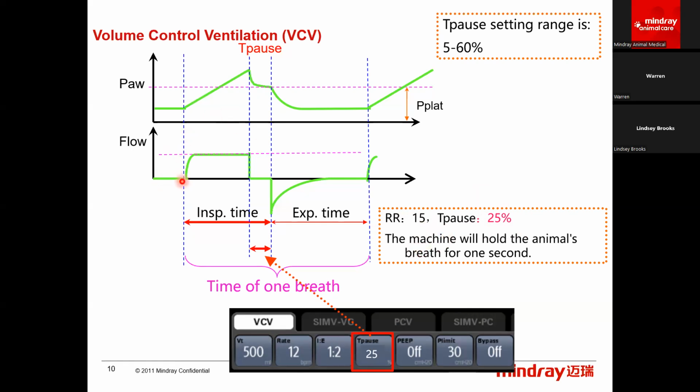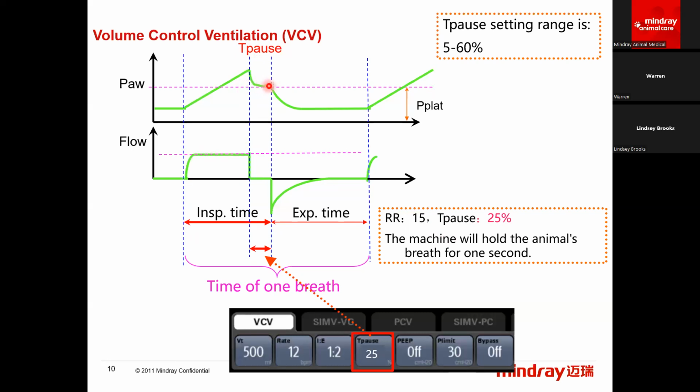So your patient is receiving this constant rate of airflow, and then it's paused for a moment. Our airway pressure is coming up, and then we pause for a second. We have our peak airway pressure, but when we turn off the flow to 0, it goes down a little bit, and then it holds at this plateau pressure.